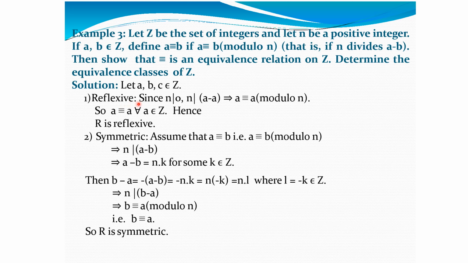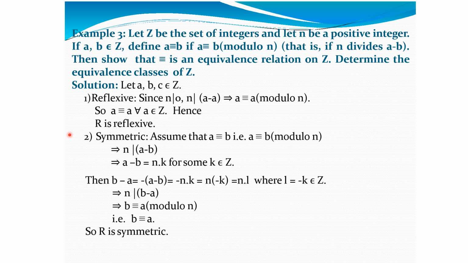That means n divides a minus a. So by definition of congruence, we get a is congruent to a modulo n. So by definition of the relation, a is related to a, and this is true for all a belonging to Z. Hence, the relation is reflexive.